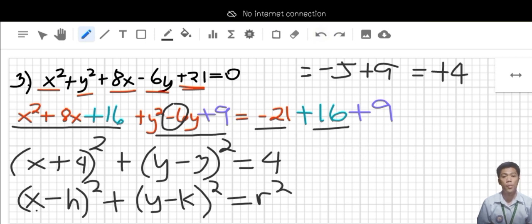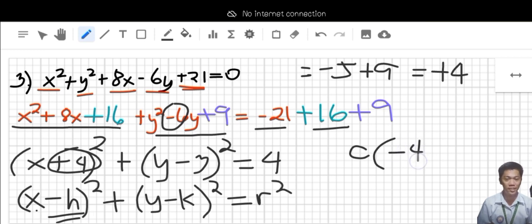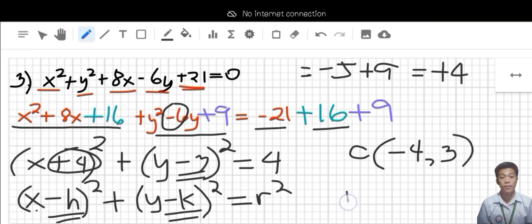So we have the center of the equation. Since the general form of an equation is (x minus h) squared, the positive 4 will become a negative 4. On this second equation, we have negative times negative 3 is equal to positive 3. So we have the center (-4, 3).